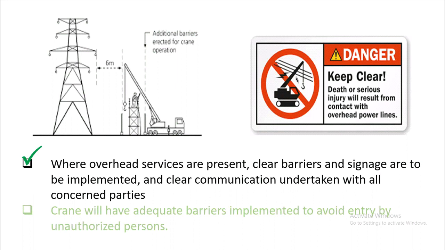So we need to make sure that when you have overhead services on the location, you have good, clear communication with all parties, including the utility service owner, and you need to make sure that you have barriers as shown in the sketch on the top left corner, to prevent you from reaching the danger zones or safe distance from the utility services.